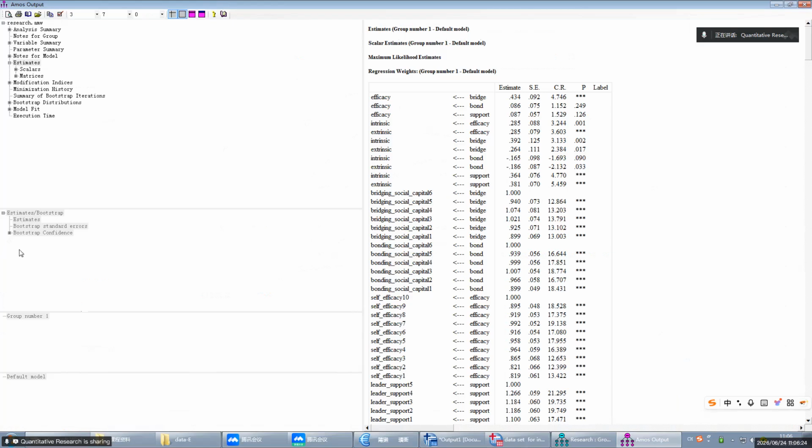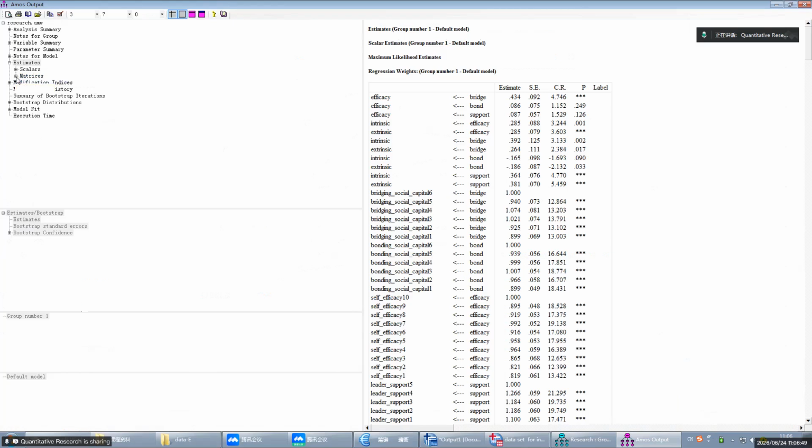Can you see here? We have bootstrap. But if you try to click them, they are inactive. So here, you have to go to matrix.